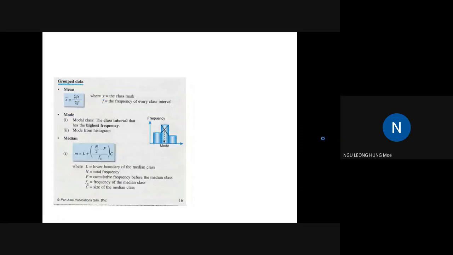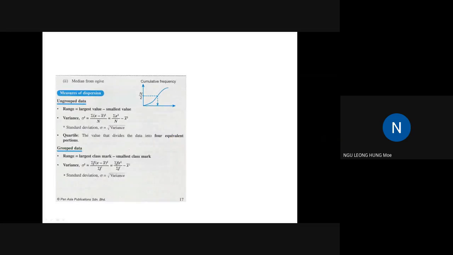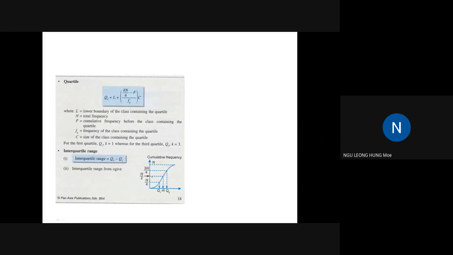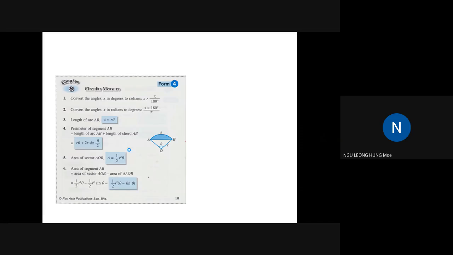Statistic. Okay, median. Don't worry, this formula is also given, no? Variance. Okay, this one no problem. Interquartile range, quartile 3 minus quartile 1. Circular measure. Okay, this one. Perimeter. And also the segment. This is what I mean yesterday.